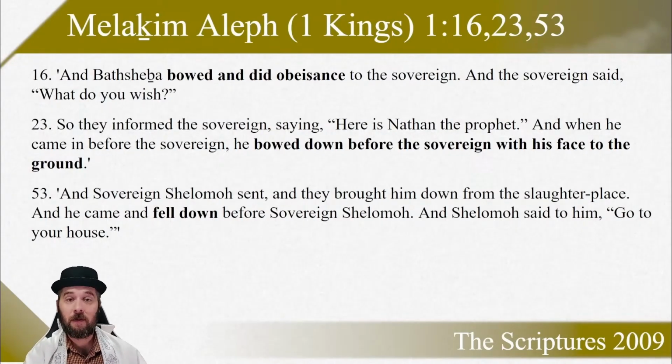But with the Semitic and especially the Hebraic mindset, bowing down like this is actually a form of giving respect. And some translations actually translate it this way, that Bathsheba came and bowed down and gave respect to King Dawid. That's how they would translate it. Unfortunately, we kind of get lost in translation with some translations that we come across.